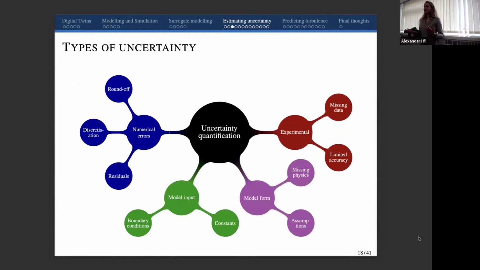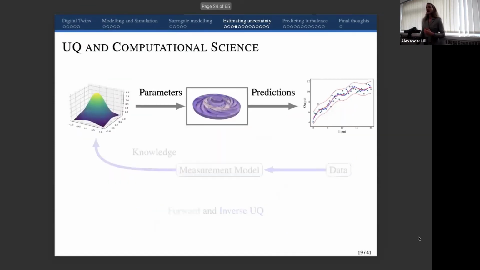As I mentioned, there are multiple uncertainties. They can be related to numerical errors, human errors, model form type errors, which are related to some missing physics or assumptions that we make. And how can we perform the quantification of this uncertainty?